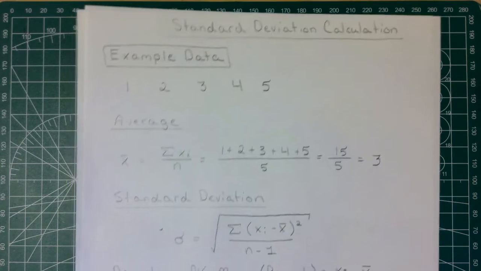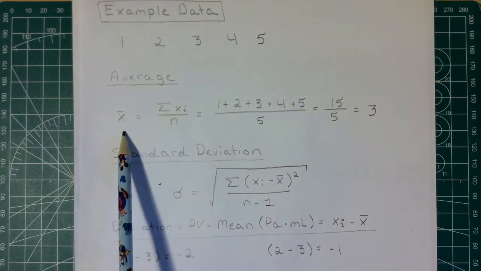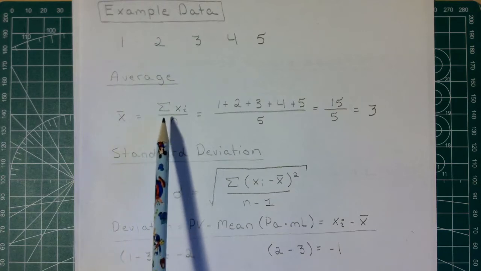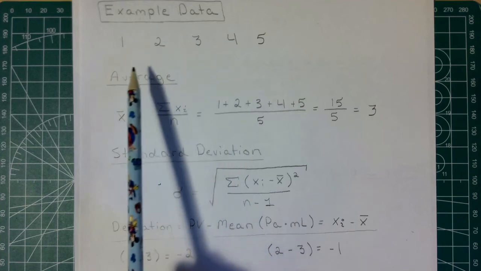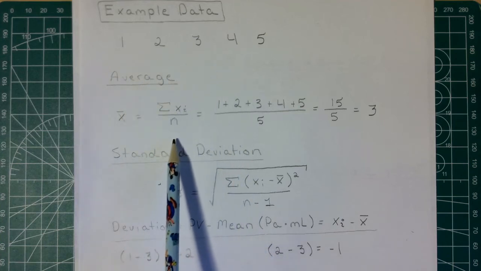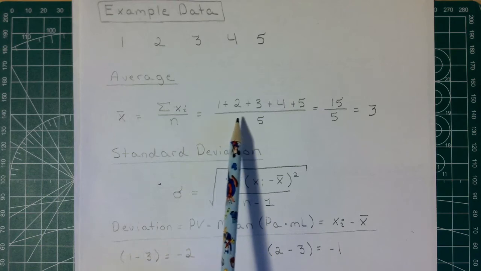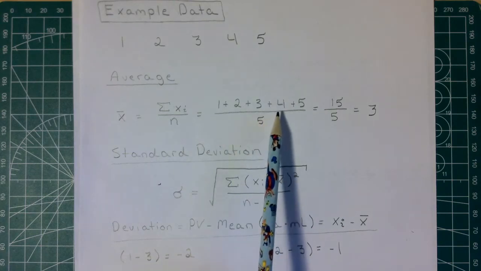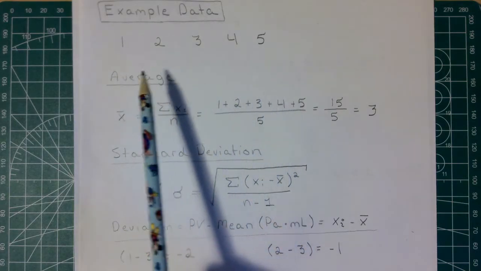And the very first thing that's going to be asked of us is to calculate the average. So our average x bar is going to be equal to the sum of all of our data points up here divided by n, which is the number of measurements. So we have 1 plus 2 plus 3 plus 4 plus 5 divided by 5 because there's 5 different measurements.